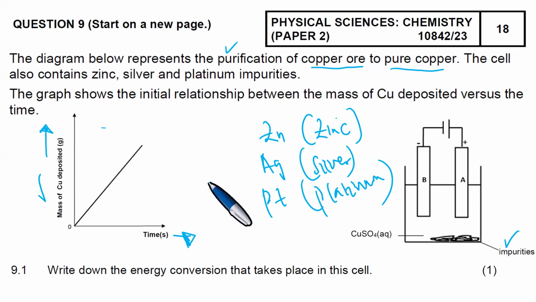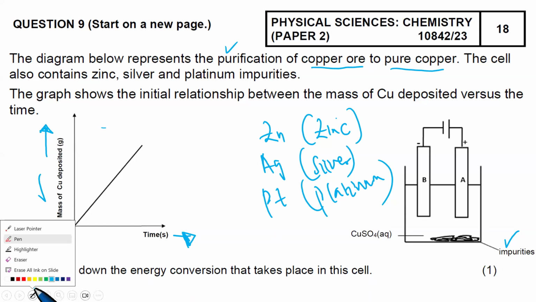I will need your maximum participation here, and I will ask some questions to make sure that everything is okay. Write down the energy conversion that takes place in this cell.